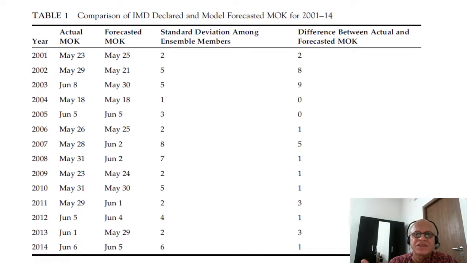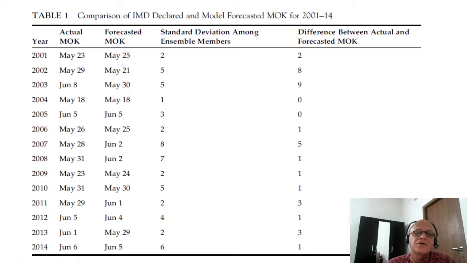After the onset happens, IMD declares that the onset has happened, and then the forecast is compared against that. So it got it right here, a couple of weeks early here, and about a few days later here. So essentially there doesn't seem to be a very systematic relation between the forecasted monsoon onset over Kerala, the actual onset, and the standard deviation among the ensemble members.